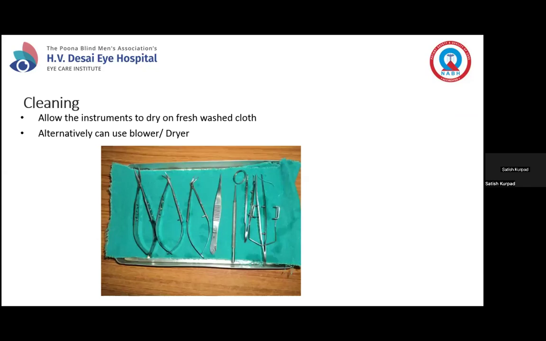Allow all the instruments to dry on a freshly washed cloth. Alternatively, you can use a blower or dryer. But the drying procedure is very important. If you do not dry an instrument and send it for sterilization, then your instrument may be rusted.